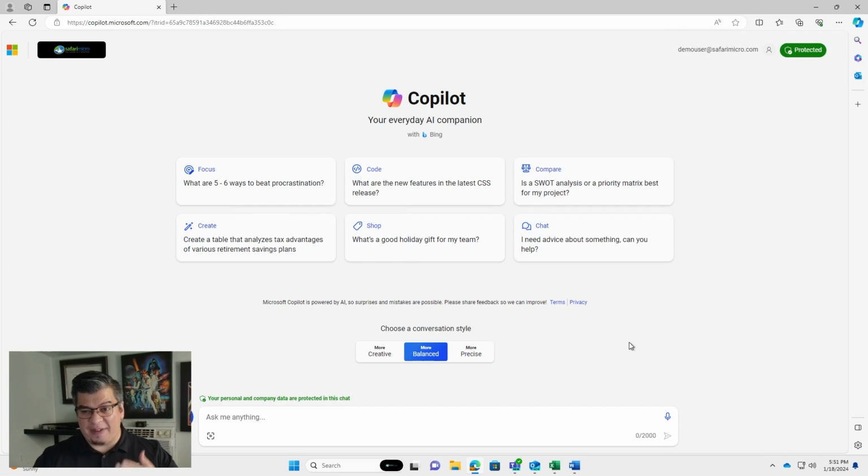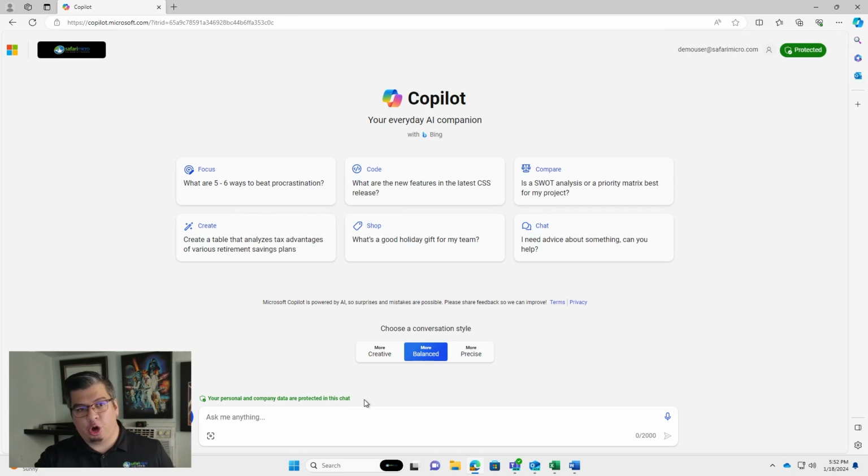So already, if I sign in licensed with one of those licenses I just mentioned, you're going to get this protected notification up in the right-hand corner, and it's going to say that your personal and company data are protected in this chat. So that is the big feature of having it paid, is that your organization, if you have one of those licenses, can use Copilot. Again, that's Bing Chat Enterprise.